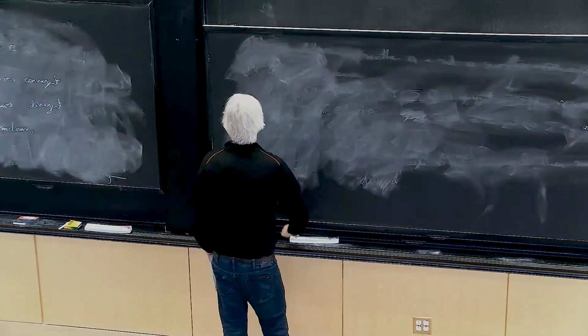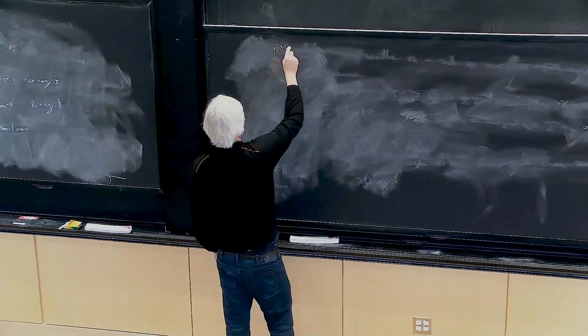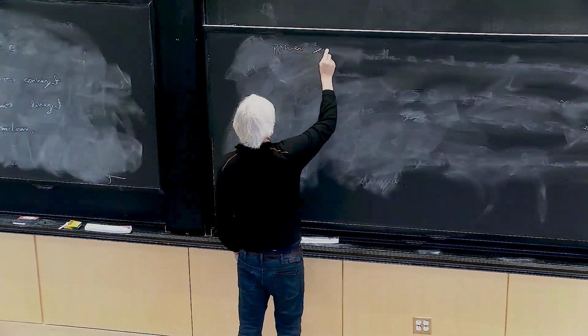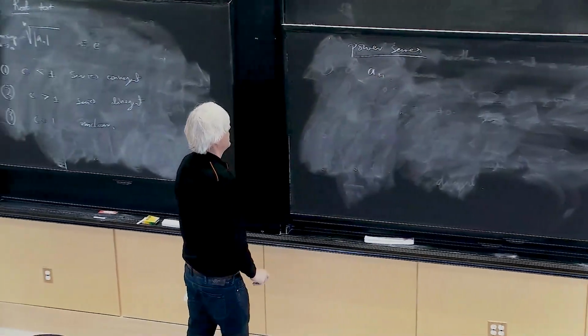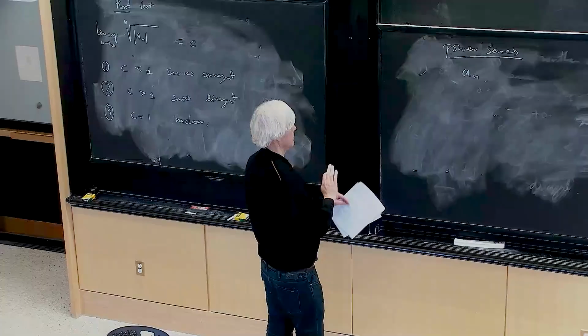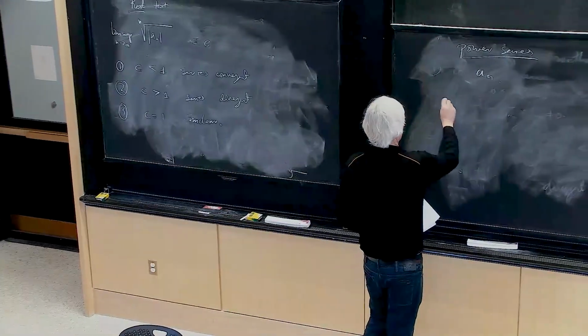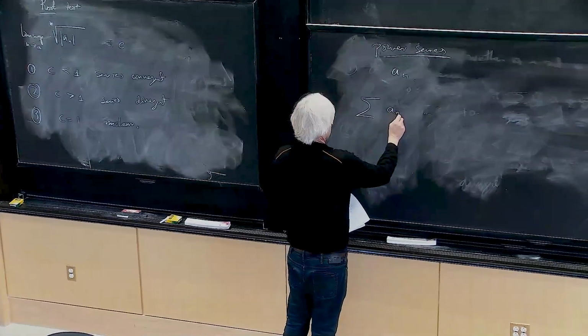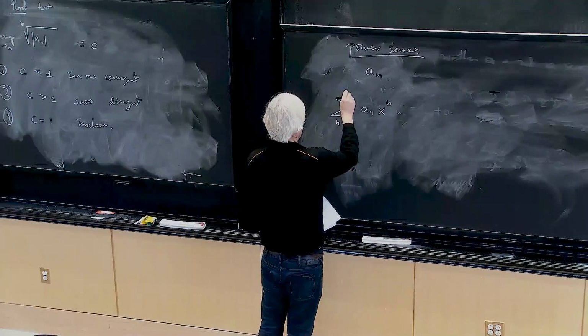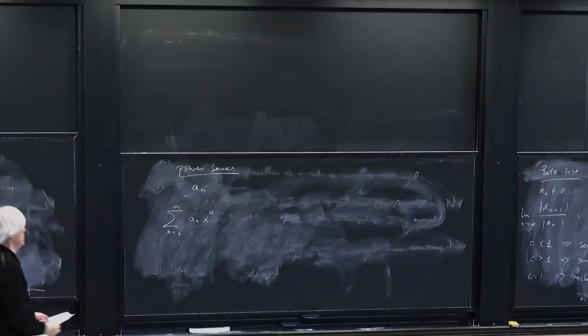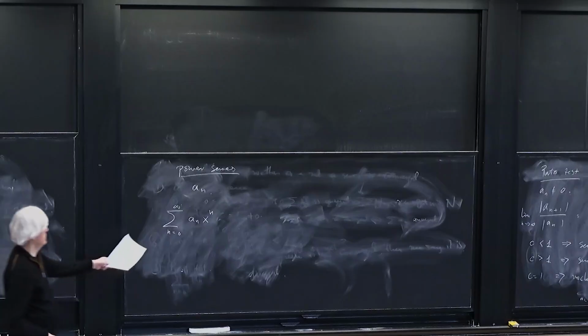So you have a sequence a_n. And then you think, for each x, thinking about x as being fixed, you form a series, and this is the series that you form. For each x, you can ask, is this series convergent or not? This here is called a power series.